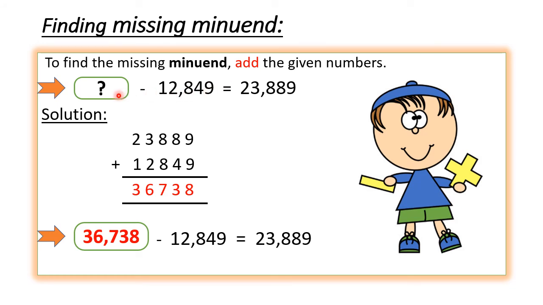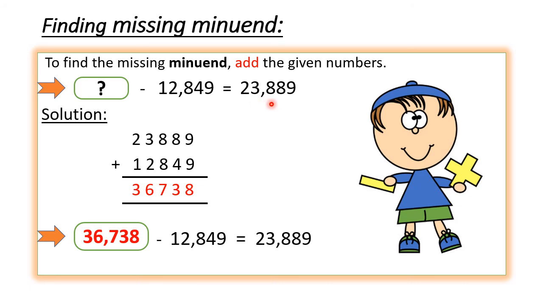Okay, now this is our example. In this example, you can see our first number is missing, and you know the first number is the minuend. So in this example, the minuend is missing. Then the minus sign, and the second number is given to us, and you know the second number is the subtrahend, and is equal to this number.